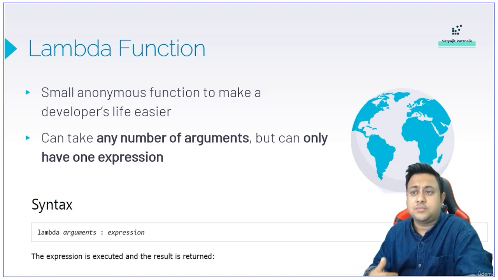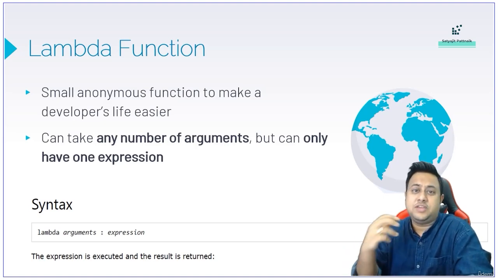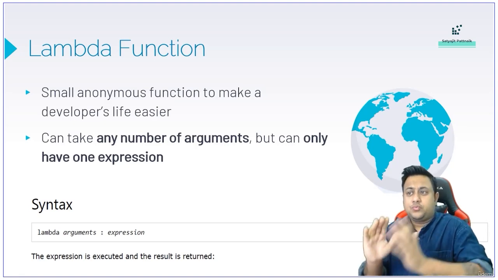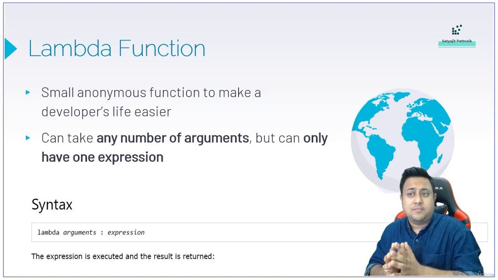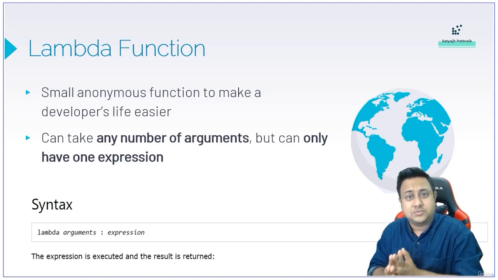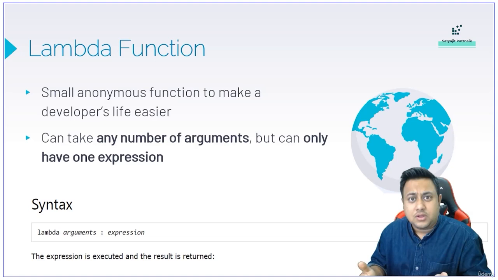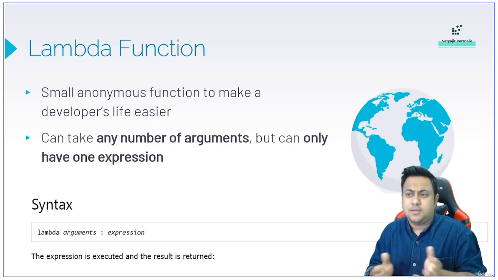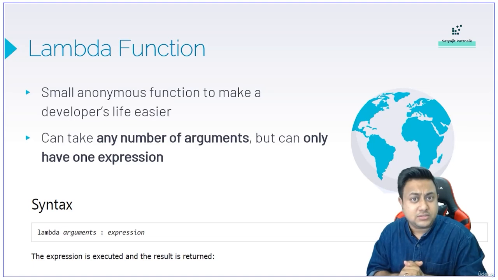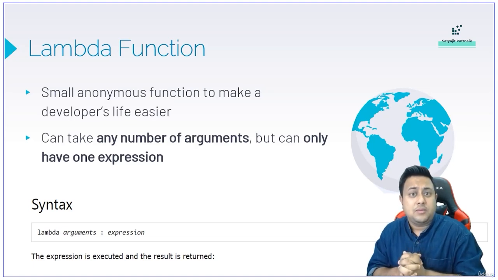A lambda function is nothing but a small anonymous function to make a developer's life easier. In what terms? How can a function make a developer's life easier? Probably by reducing the number of lines of code, or by reducing the computation time of the code, right?